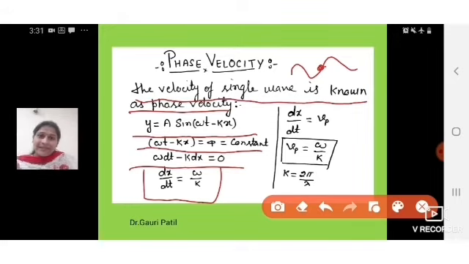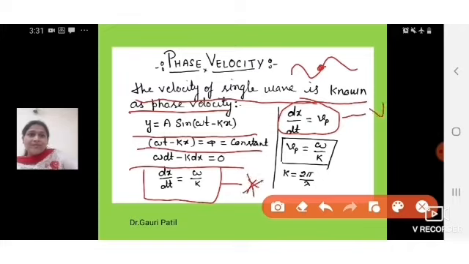And we know dx/dt is the phase velocity. In the previous lecture you cleared this. What is Vp? Vp is dx/dt. So from this and this, what condition do you get?